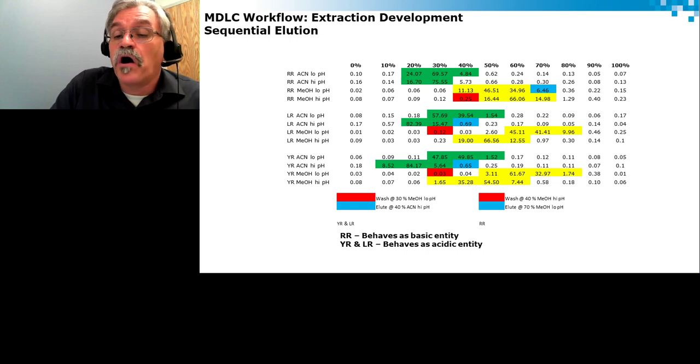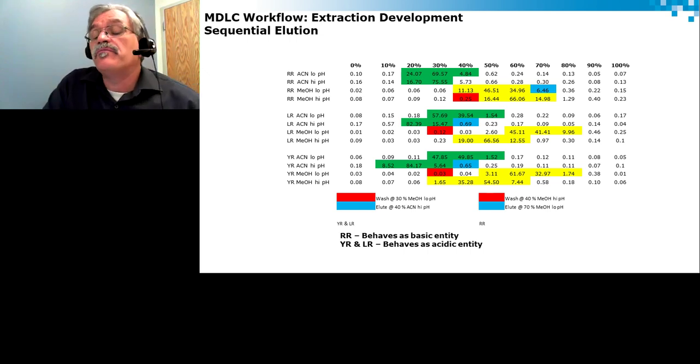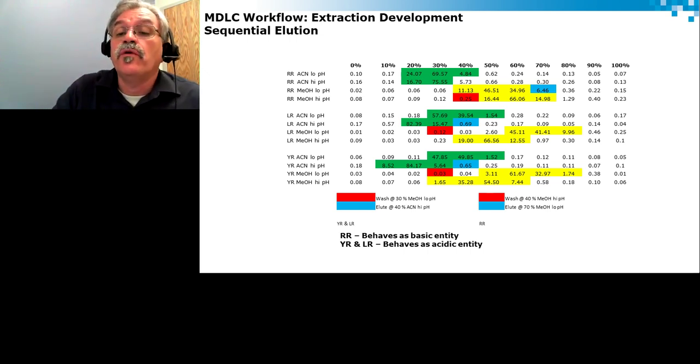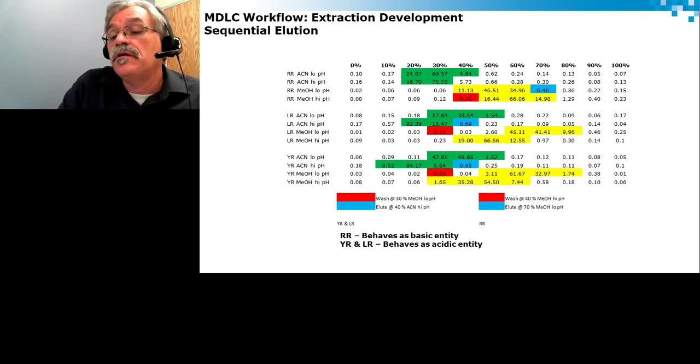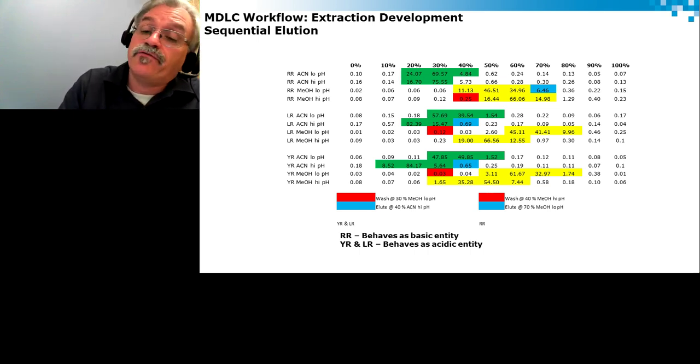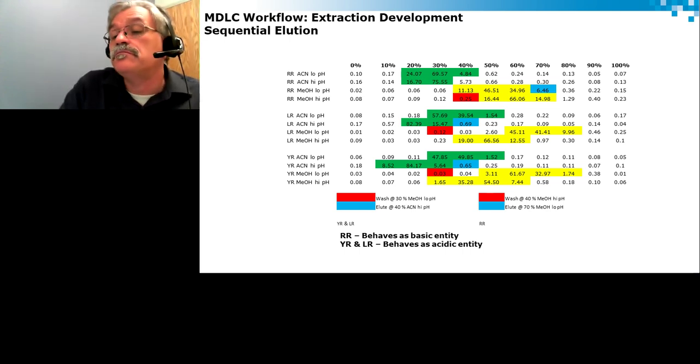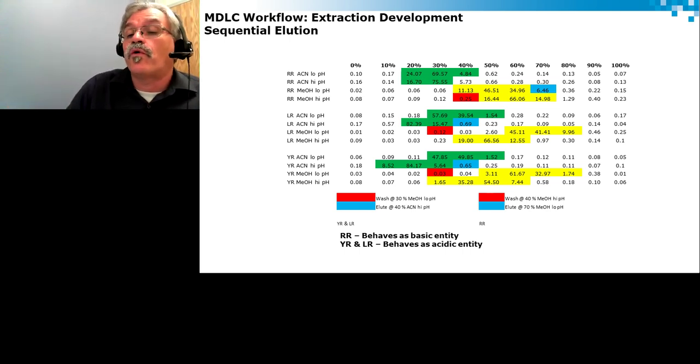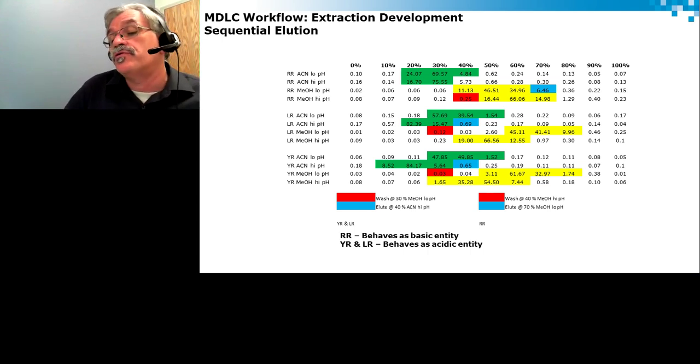So RR behaves as a basic entity compared to methanol at low or high pH. This gives an opportunity, if compounds of interest behave the same, to find a section between this graph as to what could be used for effective washes, but also effective elutions.